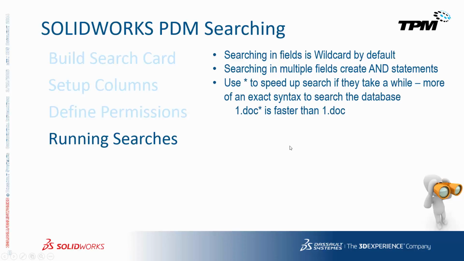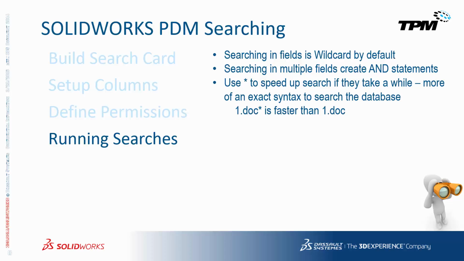Asterisks. So I mentioned that searching in fields is a wildcard by default. All right. Most of us know that wildcards are represented by an asterisk. And you don't have to use asterisks when you're just doing fairly simple searches. But if you use an asterisk, it can actually do some things for you.